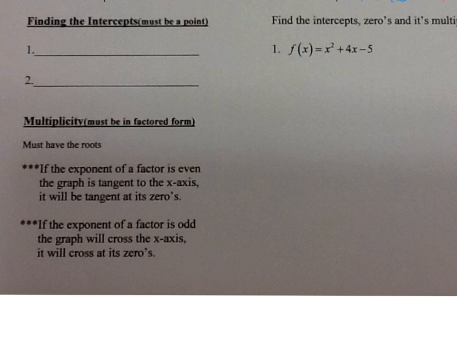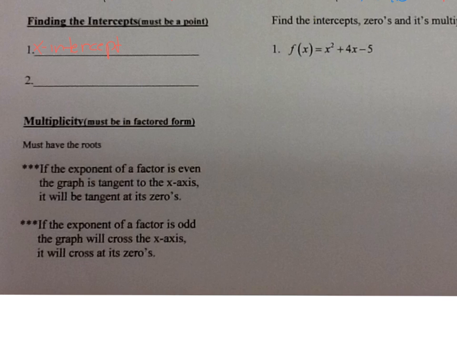Okay, so now we're going to start by finding a function's intercepts. The intercepts are where it crosses the axes. So the x-intercept would be where it crosses the x-axis. So number one, put down x-intercept is where it crosses the x-axis.